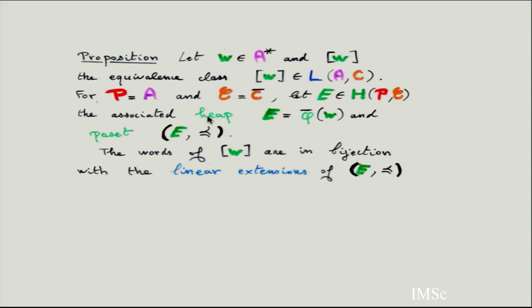So take the associated heaps, in isomorphism with the commutation monoid. So a word gives you this. Take the poset, and then the words of the equivalence class are in bijection with the linear extensions of the poset. So when you take a commutation class, you get a poset, and all the words of the class are in bijection with the linear extensions of this poset.